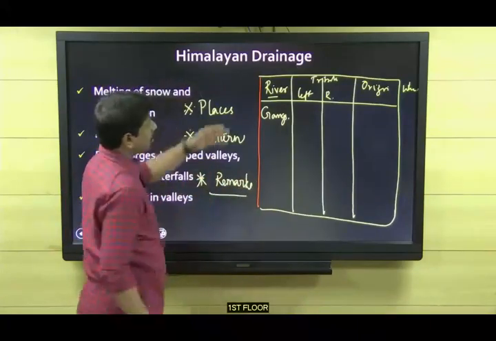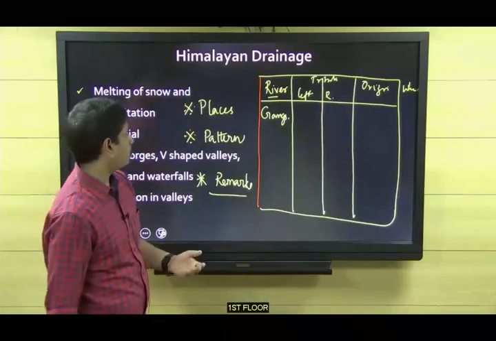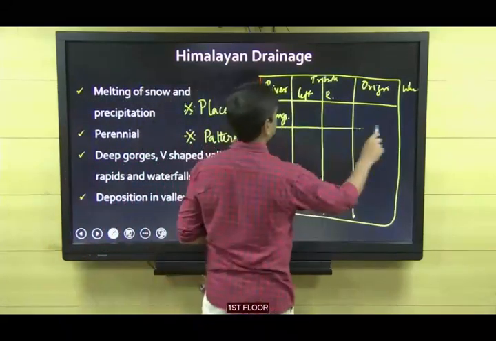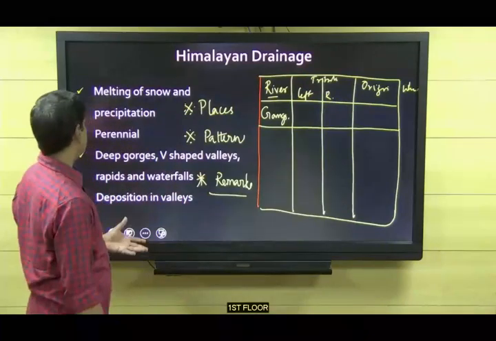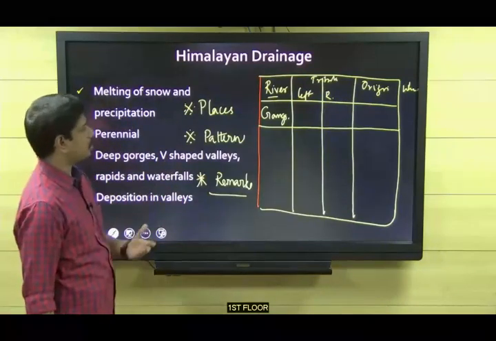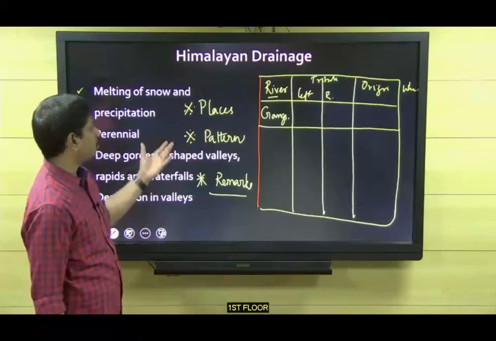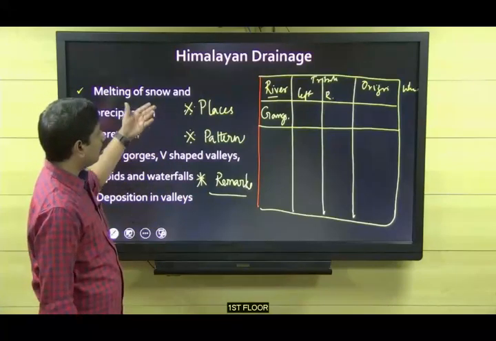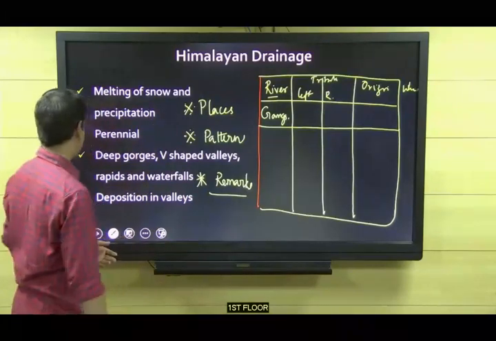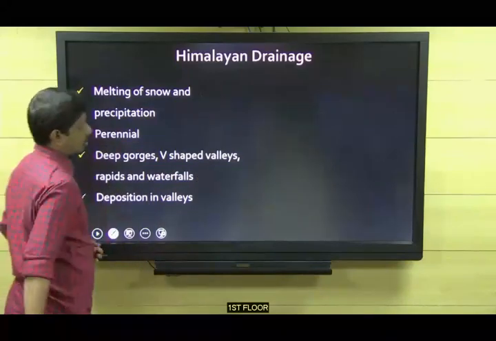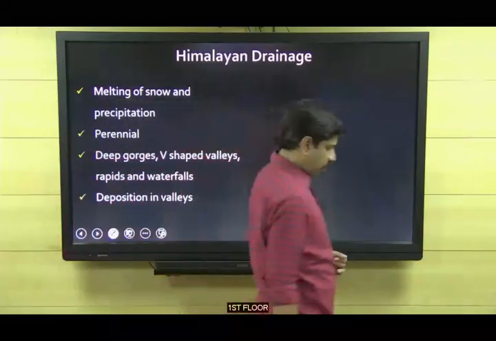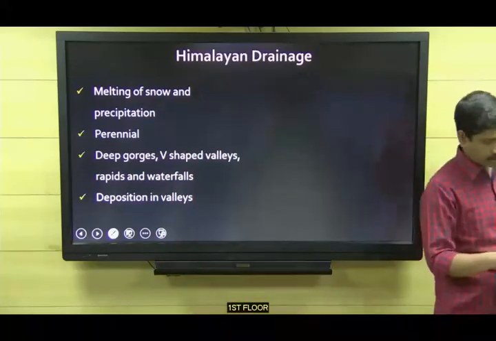Like this you can have a tabular column so that you can revise it very easily during the exam time. Just before the exam you can go through this tabular column once, so that you get the information about all the major rivers in one place. This is how you should learn and revise the rivers and the drainage system.